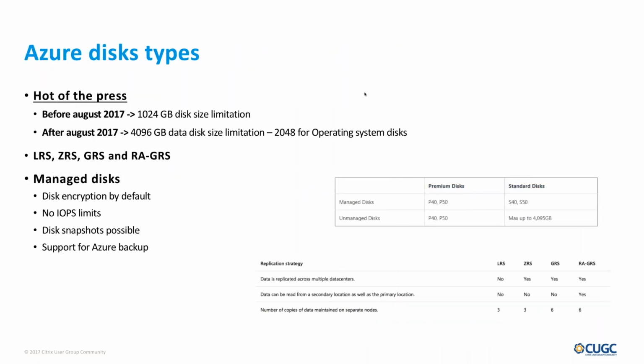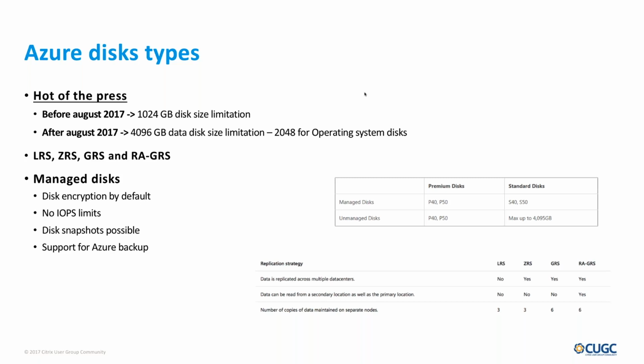So now more on Azure disk types. Before August, it was not possible to replicate partitions or disks in your on-premise environment larger than 1 terabyte to Microsoft Azure. It was possible, but then you needed to partition them into separate disks and bundle them in a RAID setup, for example, a software RAID setup.